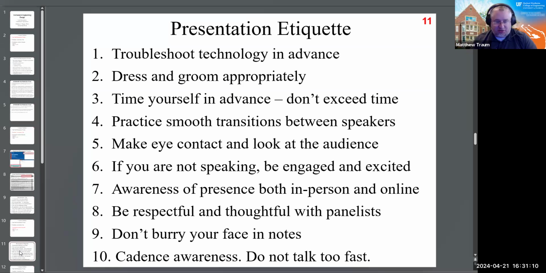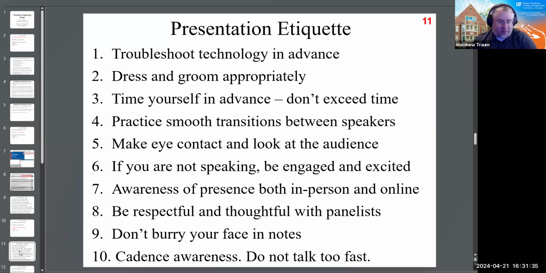We've had situations where entire groups will just walk out of the camera frame and never walk back into it. And the Zoom panelists have said, I didn't even know who was talking. I didn't know what they were saying. I didn't know who was who, because I couldn't see anybody on my camera. So just be aware of what you look like on Zoom as you are presenting in person, and make sure that you are appropriately framed in the camera so the folks on Zoom can see you.